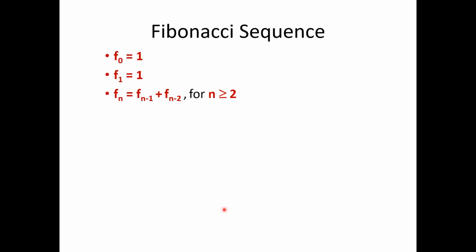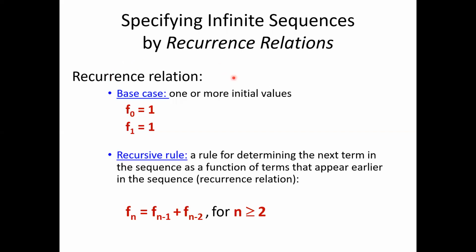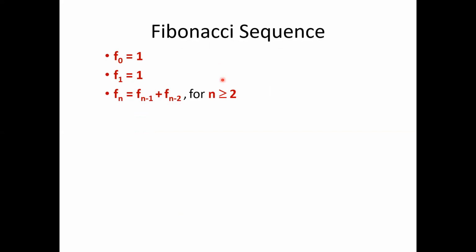Let's see how that works. Here is a famous sequence of Fibonacci, a mathematician from I think the 18th century, although I'm not sure. I think I have that date somewhere on the slide, but I already forgot. So the Fibonacci sequence is defined by two first terms, the first and the second term, with index 0 and index 1, and they're both 1.